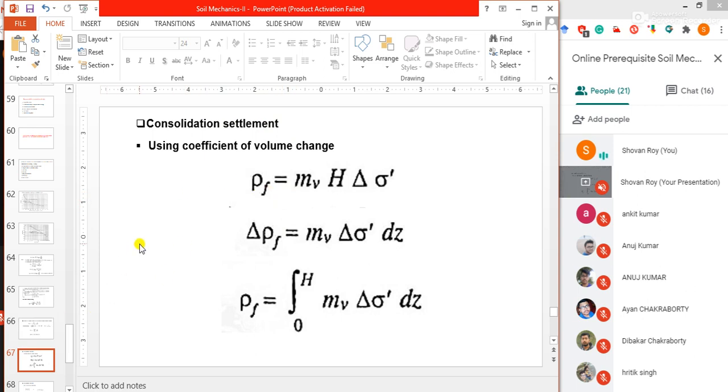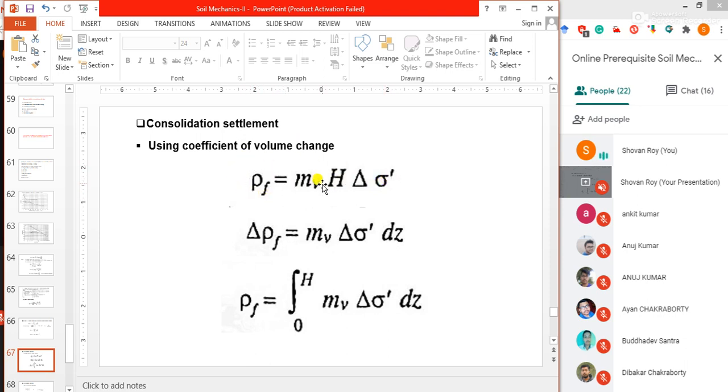We can find the settlement by two methods. The first is the coefficient of volume change method, where rho f is the actual settlement, equal to mv into H into delta sigma dash.